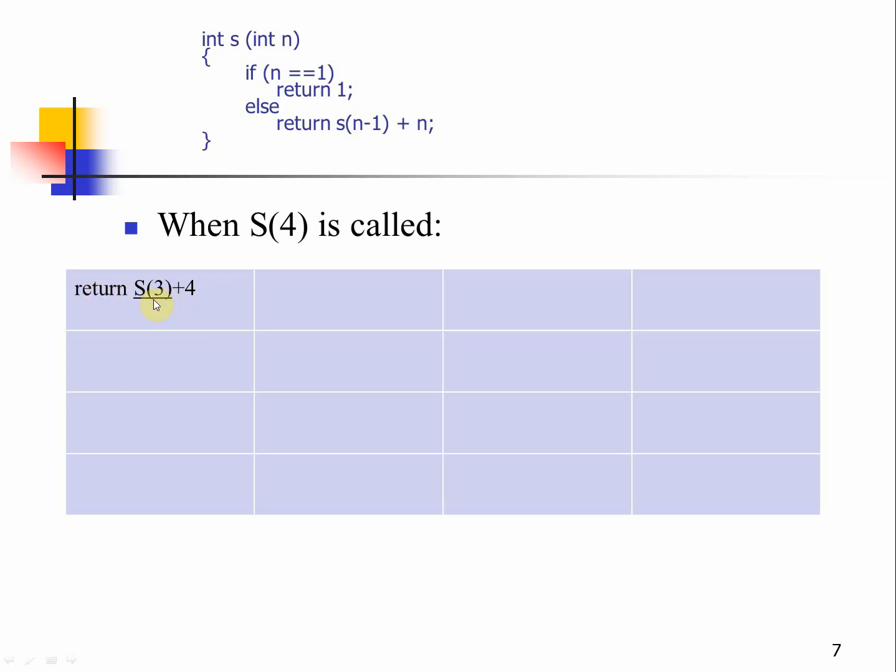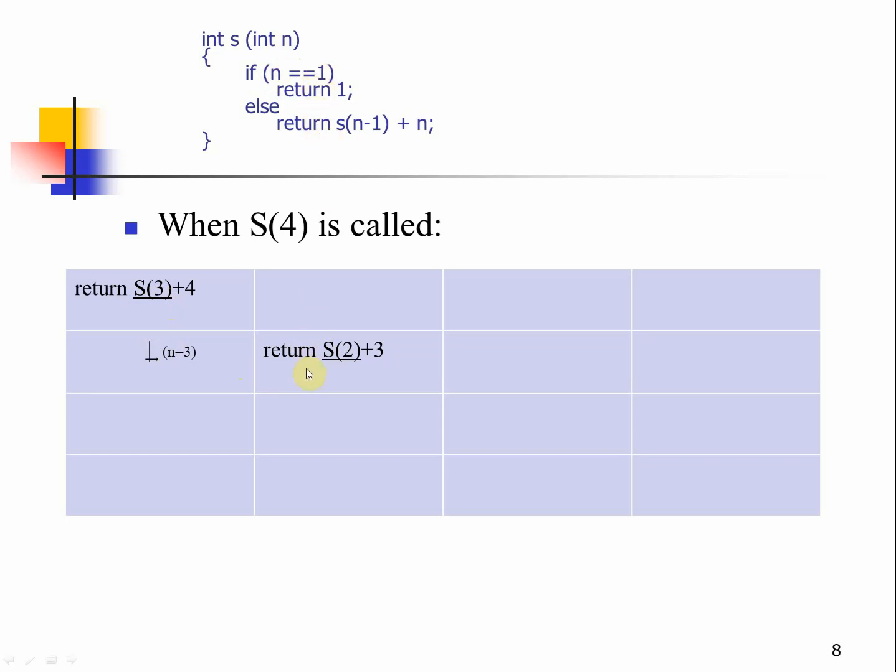Since we see the return statement, immediately when the compiler sees s of 3, it will stop executing the plus 4, but what it will do is call the same function, this time with n equal to 3. So when that is happening, we stop the function over here, come to the recursive function call, and see that n is not equal to 1.